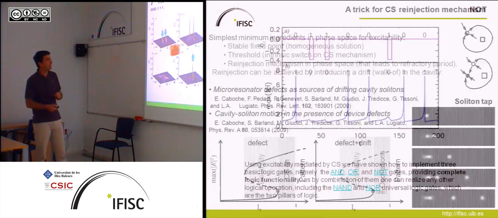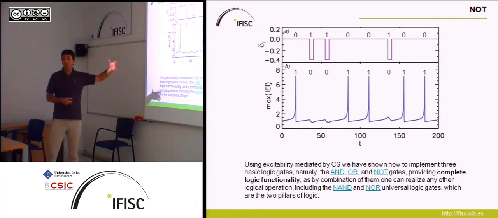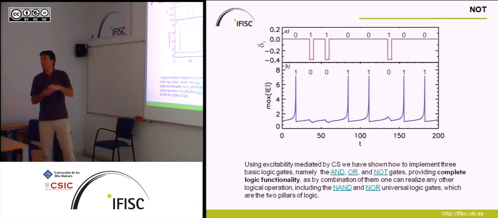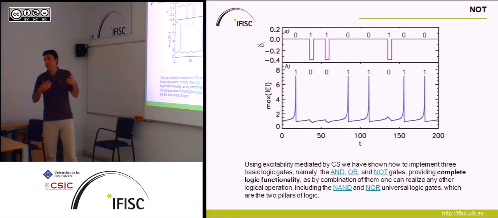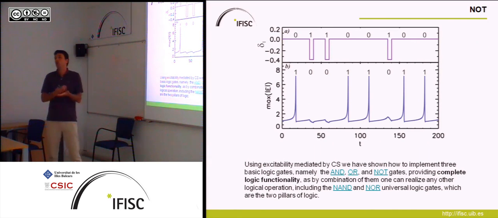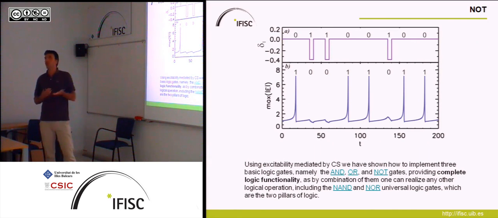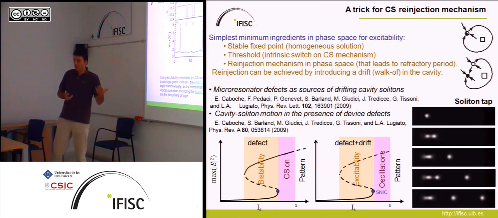Well, you may ask: you have shown this optical system that is excitable, but is that general? Well, it is not. Many systems have localized states, these solitons, but not all are excitable. So in that sense, it's not that any system displaying localized states can compute. But there is a trick.